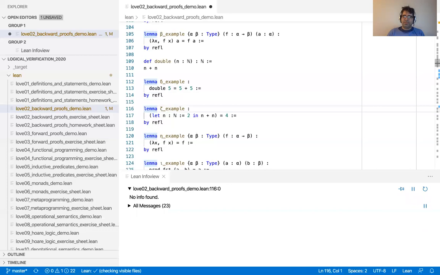So here we have the zeta examples. You will have fancy names for all these rules. They were probably chosen by Illy. And here, this is a let expression. So you can define a name like n here.